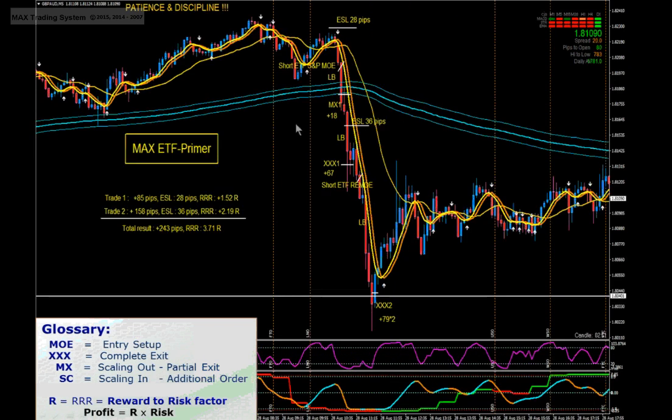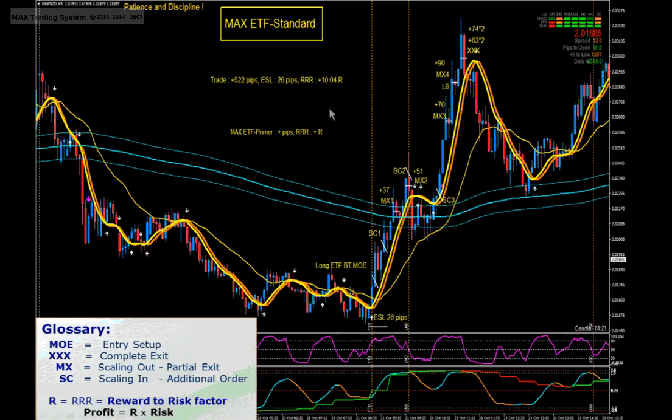So with the Max Standard and the scaling technique, we produce a result which is 3 times larger, in fact. So this was an example of a recent long trade.